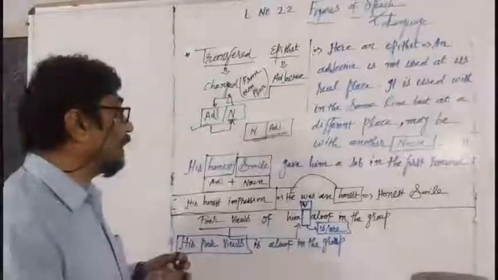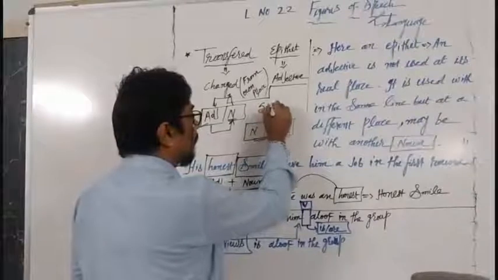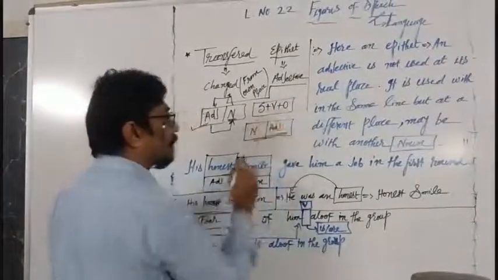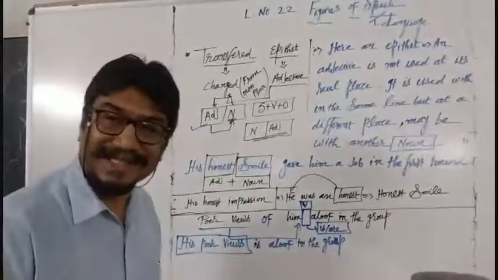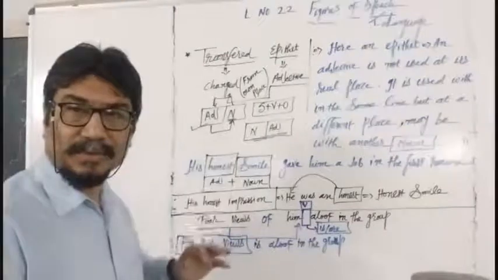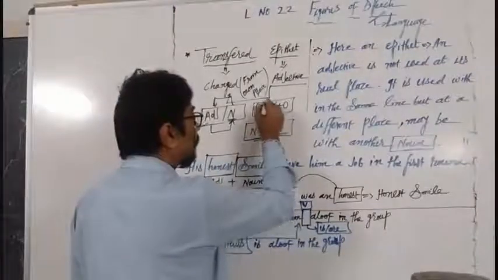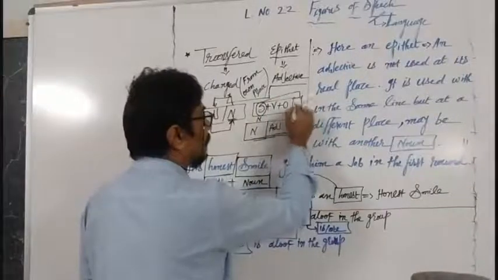So far as the English language is concerned, S plus V plus O is the usual structure of the basic sentence. Suppose that here the subject is used, subject is equal to noun, then the adjective is used here.